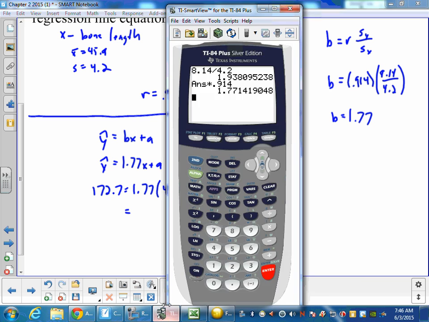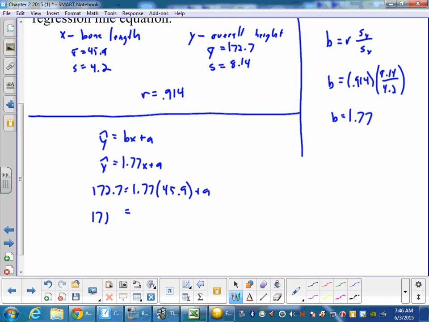So now we can multiply that times 45.9. So I have 81.3.